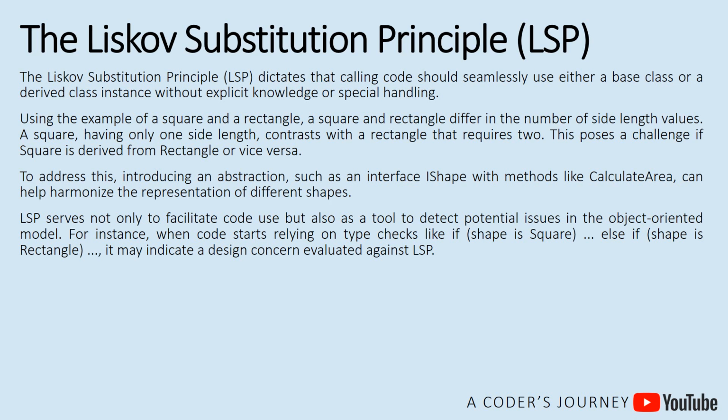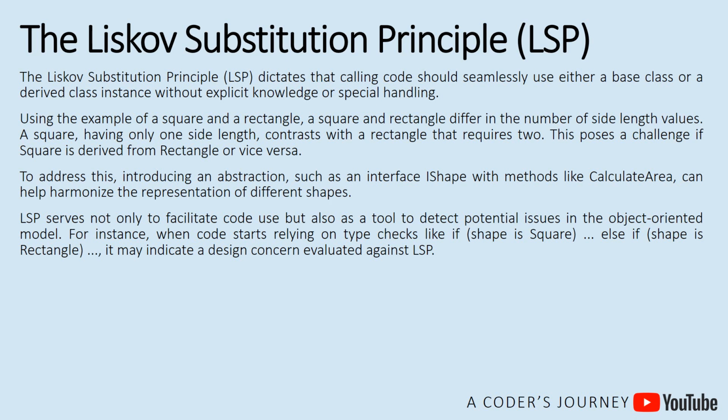Whenever you are writing a method where you are forced to check the type of an incoming parameter, and based on that type you are doing different things, this means that you are violating the LSP principle. As I told you, your code should be able to work seamlessly, this is the keyword, seamlessly, with either an instance of the base class or an instance of the derived class.